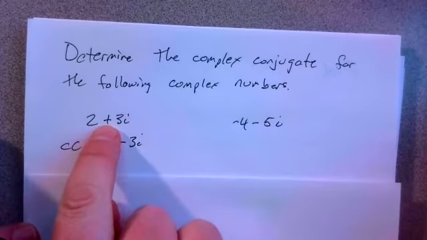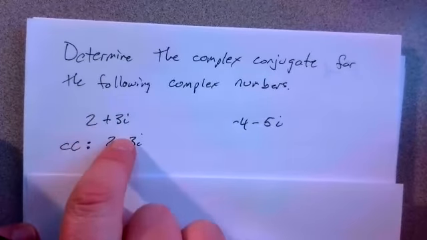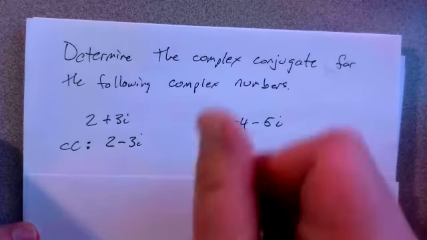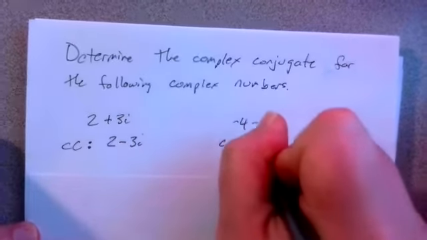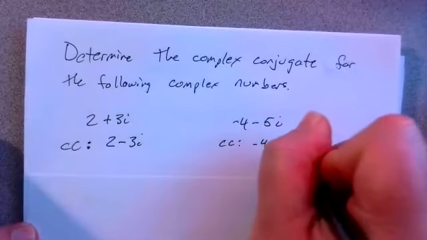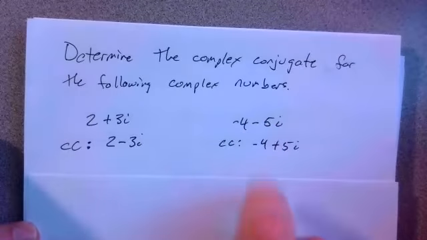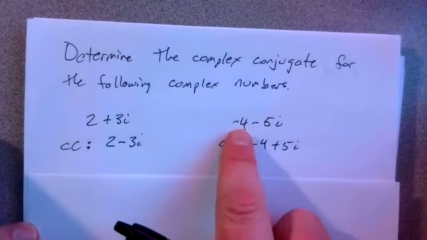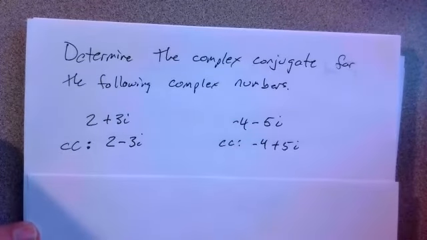Just take the middle term, that sign, whatever is in the middle, and switch it. So for negative 4 minus 5i, the complex conjugate is going to be negative 4 plus 5i. That's really important. Even though the first one was negative, it stays negative. Whatever that a value is, stays.